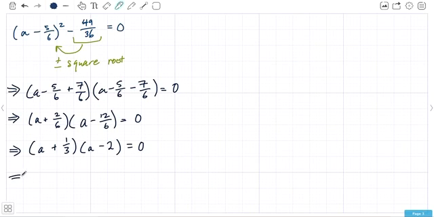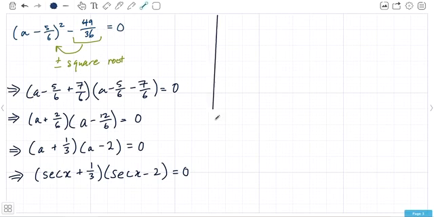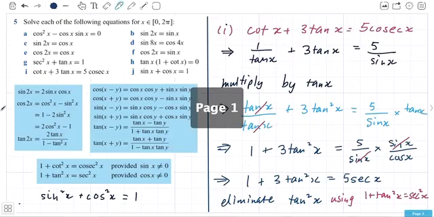So we can go back here and we can actually put that sec x back in. And because we're trying to solve these expressions here, both of these expressions can be solved. We need to solve over a particular interval as well, and the interval is the one that's given in the question, solve over 0 to 2 pi.